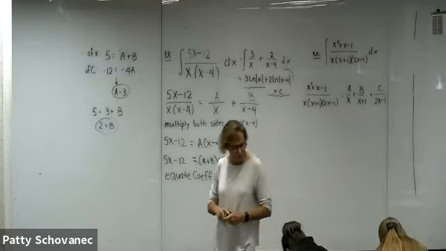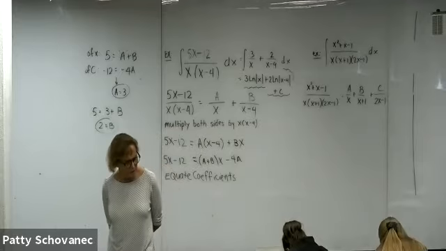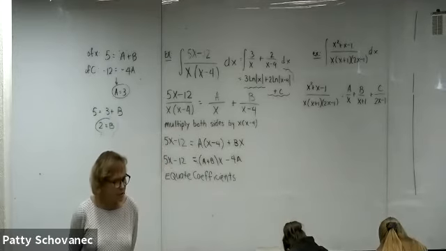Call out your numbers when you get them, what your A, B, and C are going to be, so we can have something that we can check.